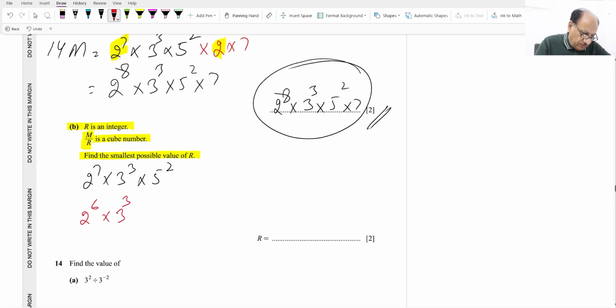So if we compare, there is a difference of 2, because this is 2 raised to 6 and 7. So 2 into this will be 5 square. So this will be the remaining one.